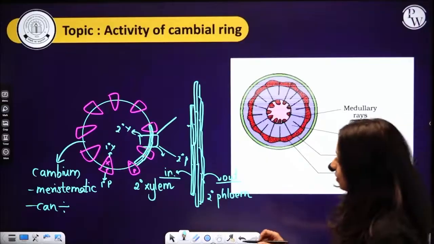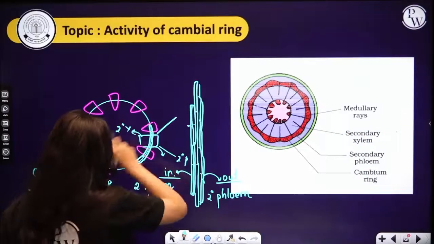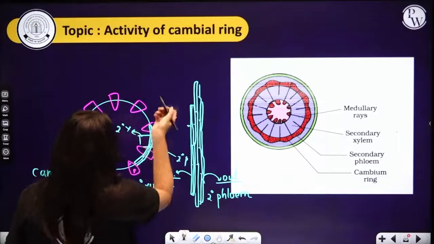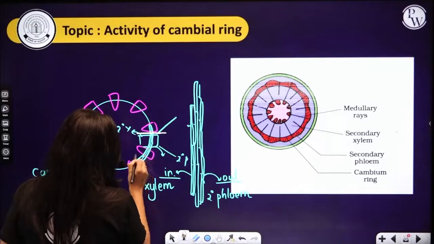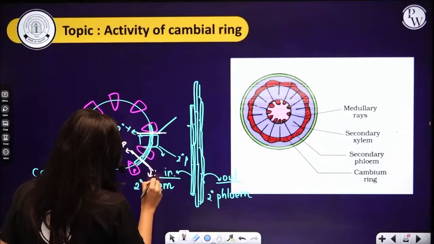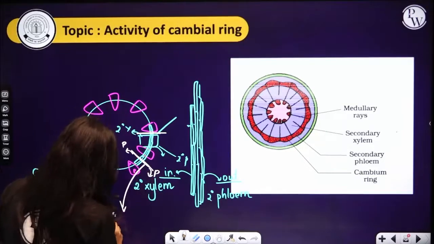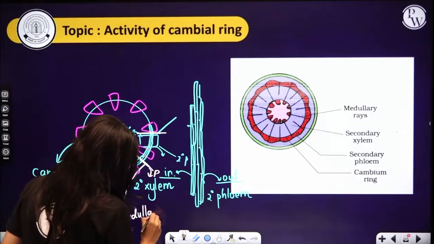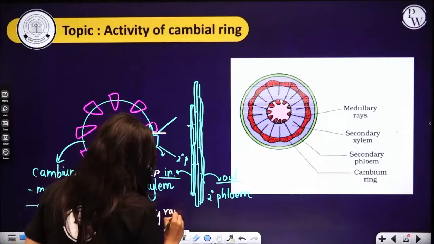So you can see that towards the inside secondary xylem, towards the outside secondary phloem is adding. Sometimes in between it will add narrow strips of parenchyma both inside and outside. That is referred to as secondary medullary rays.